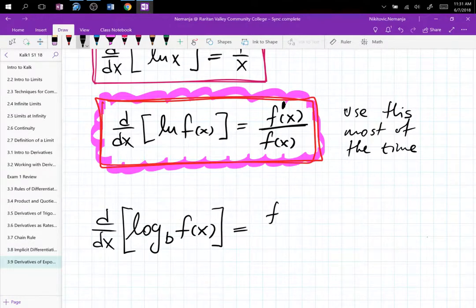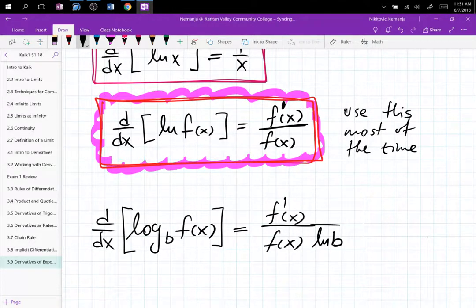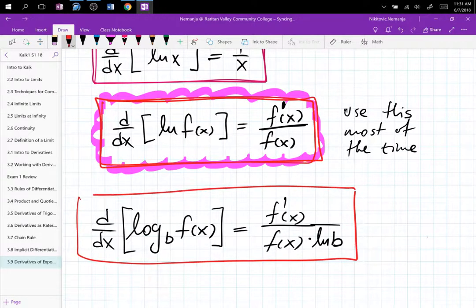So the same component of f prime over f as is, and then just times ln of the base. So this is the most general case, and you'll probably use it twice in the example that I'm going to give you, and then in one of the exam questions, and that's it. I don't see people use this rule ever, because most of our application is ln up there.